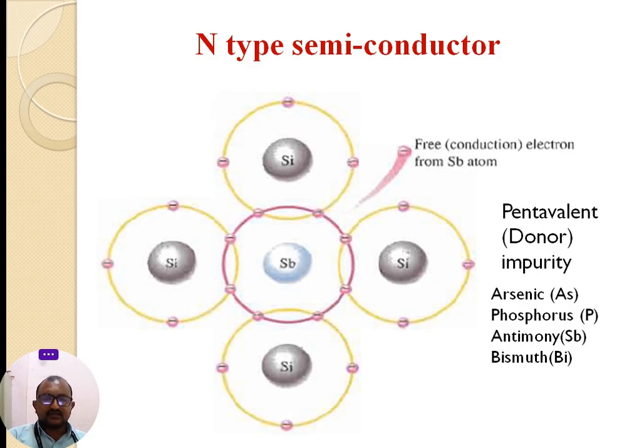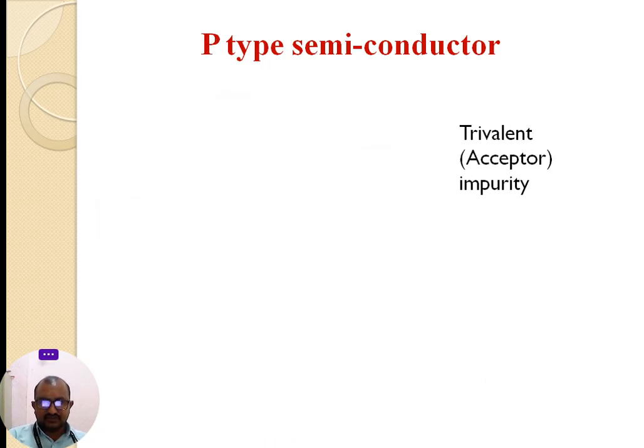The pentavalent atom contains 5 valence electrons. Out of 5 valence electrons, 4 electrons form covalent bonds by sharing with the neighboring atoms. The 1 remaining electron is an extra electron. This is why it is called a donor impurity.